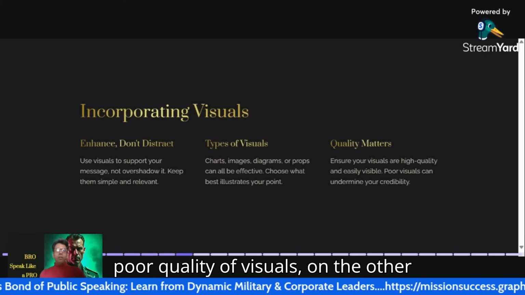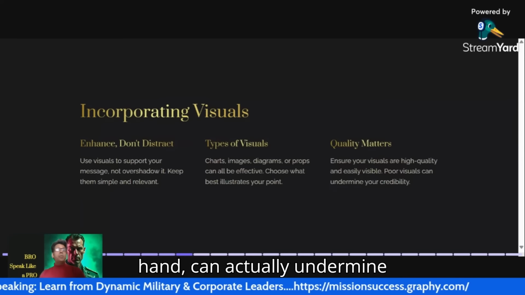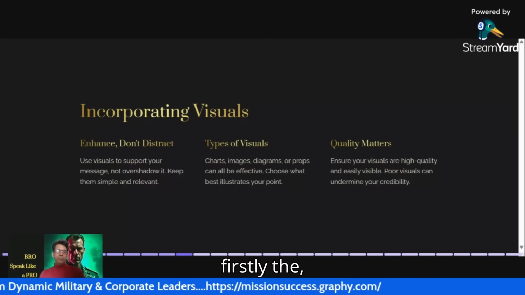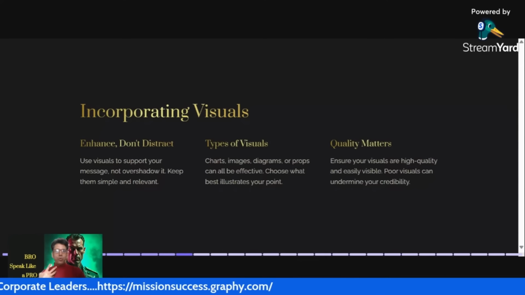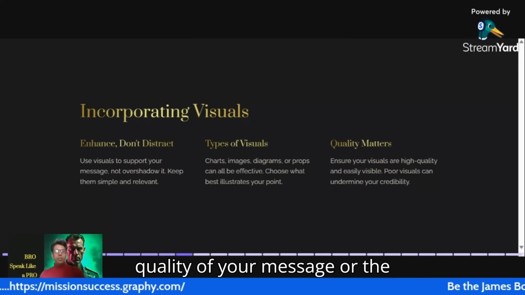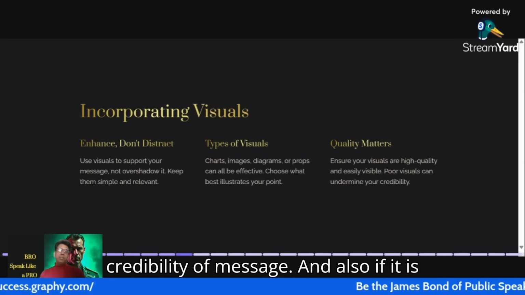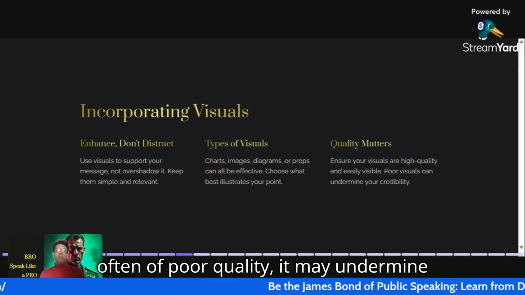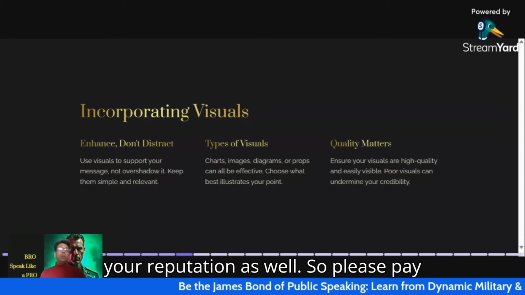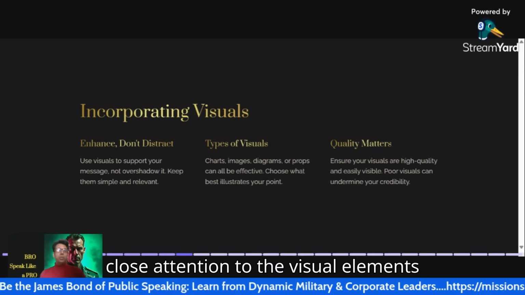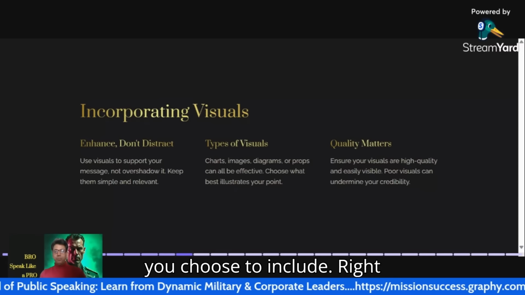Poor quality visuals, on the other hand, can actually undermine, firstly, the credibility of your message, and also if it is often of poor quality, it may undermine your reputation as well. So please pay close attention to the visual elements you choose to include.